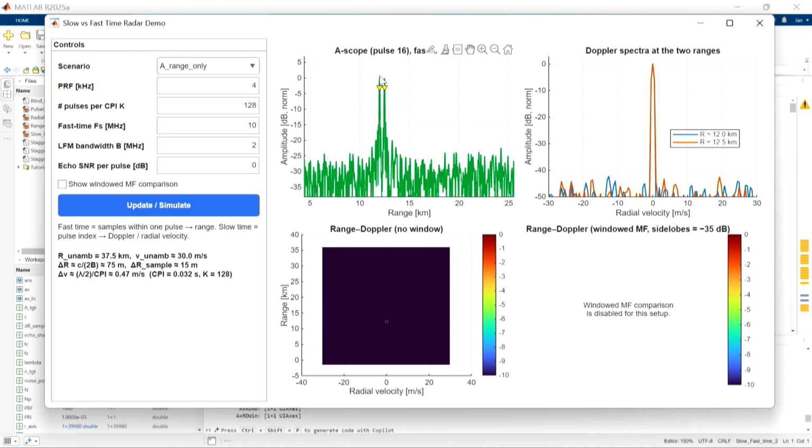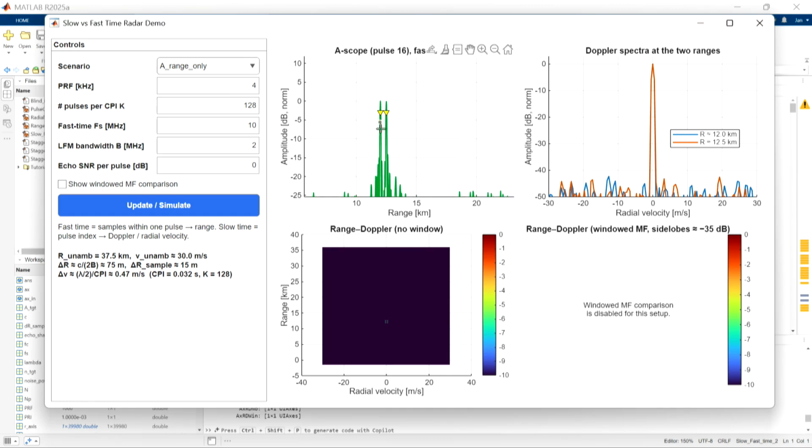And check 12. Okay, there I have a different range. The first target is 12 kilometers, the second target is 20.5, and what we can see, no problem, two targets.